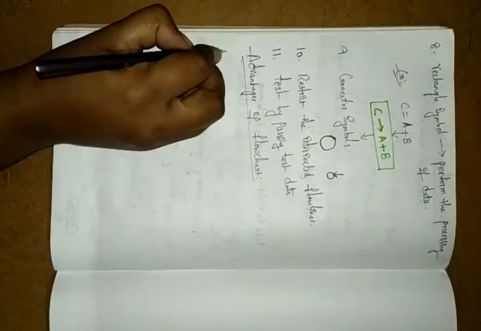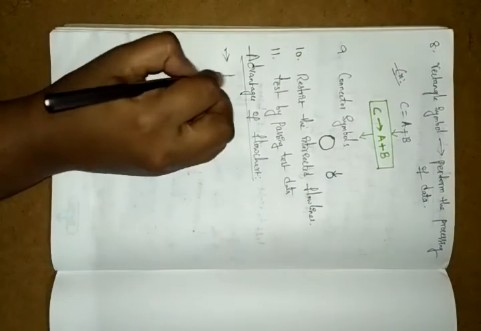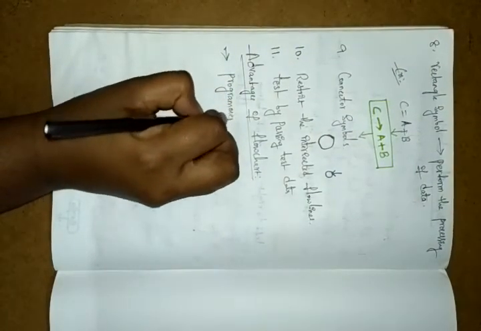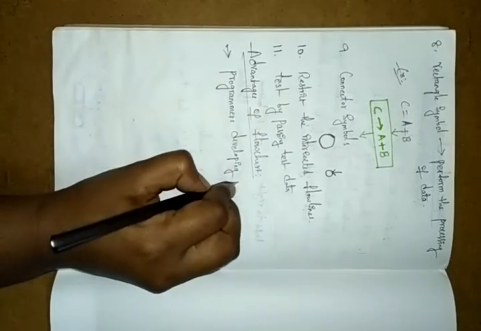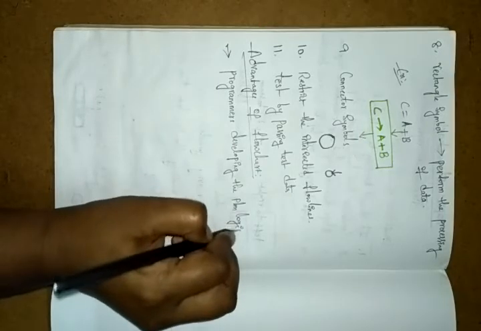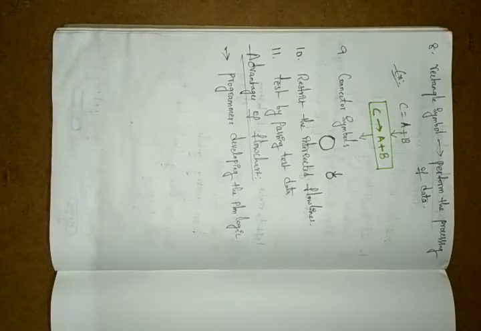So programmers can develop the program logic in an easy way, and they can also develop the documentation to easily complete the program. The main advantage is that programmers are developing the program logic with the flowchart in an easy way, and once they do that, they use the program logic to perform the documentation for completing the program.